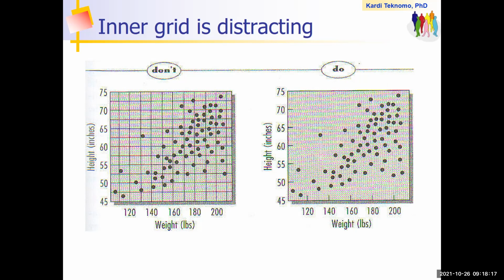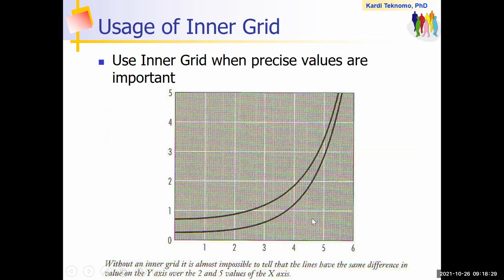You will remove the grid if it is actually distracting, and you will put the grid if you want to see the precise value. If the precise value is important for your reader, then you need to put the grid.